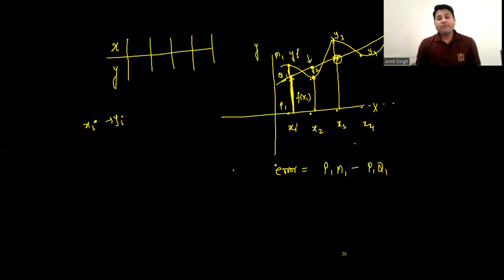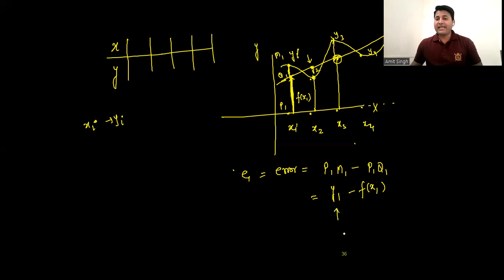Once again, repeating what we are going to do: in each step, we are having some errors. Now, I want to fit a curve. It may be a straight line, a parabola, or a curve of any degree that has the minimum possible error. So P1 M1 I am considering as y1, and P1 Q1 is f of x1. So this is how much error I am having in the first step.